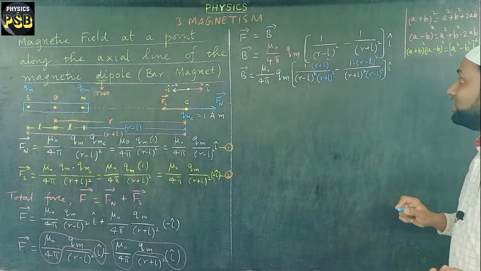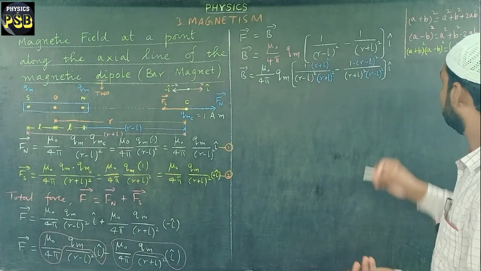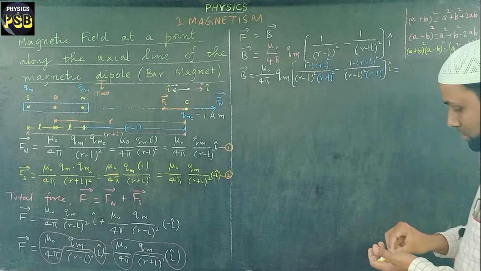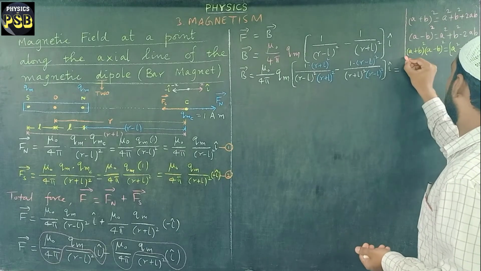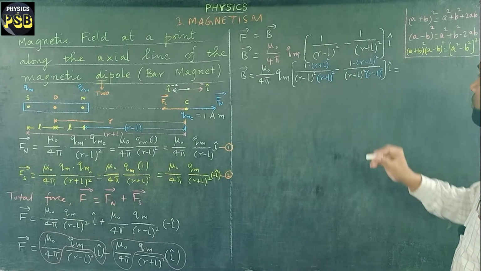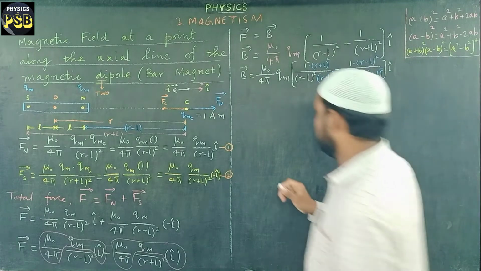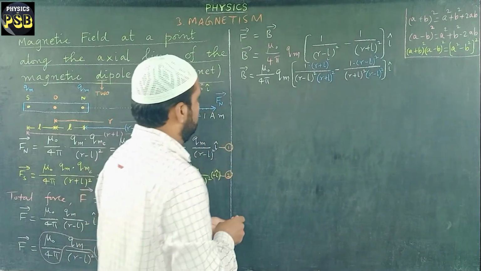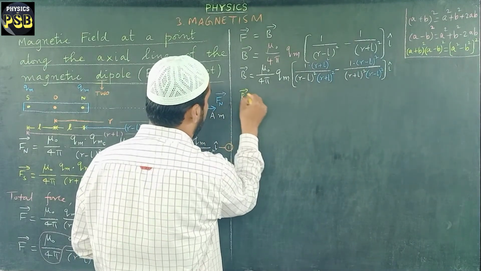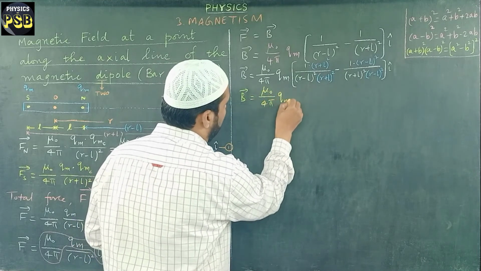So what I get if I do so, I get this. Okay. Let me write this one here like it is. See, mu naught upon 4 pi Qm.